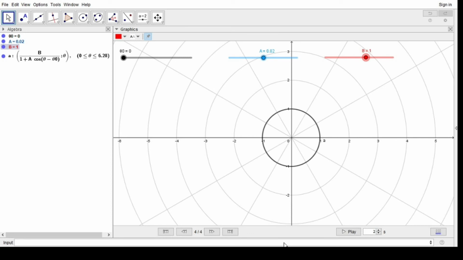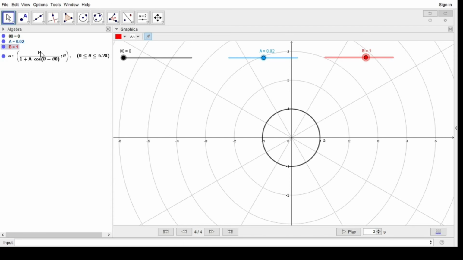So this is a GeoGebra view of the solution to the orbital equation. If you look over here, this is sort of the general form of the orbital equation, b over 1 plus a cosine theta minus theta naught.